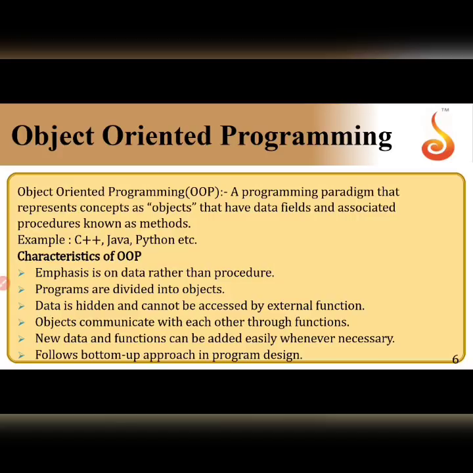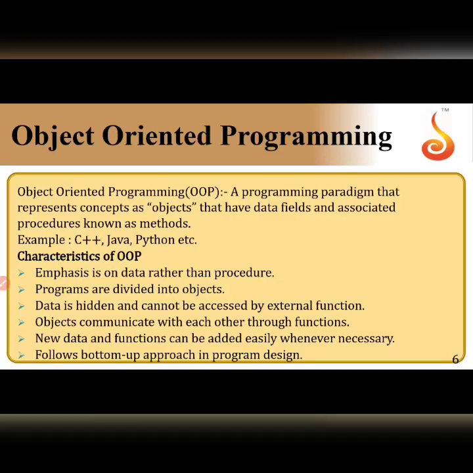That is, an object will have its own set of data fields, that is data members, and procedures are nothing but member functions or methods. Here I call functions methods, which act on that data. Each of them is associated with an object. An object and a class are closely linked to one another. We'll do that in detail now.